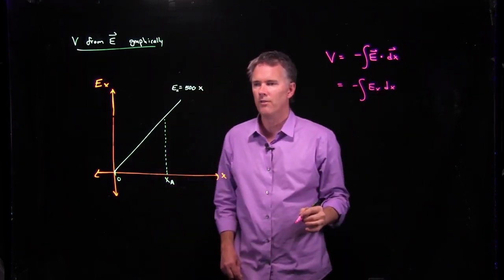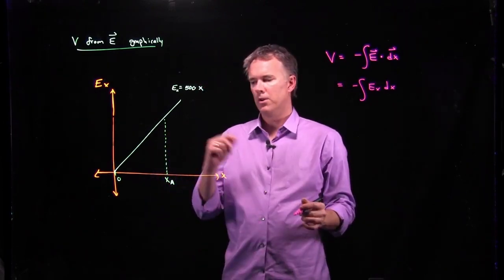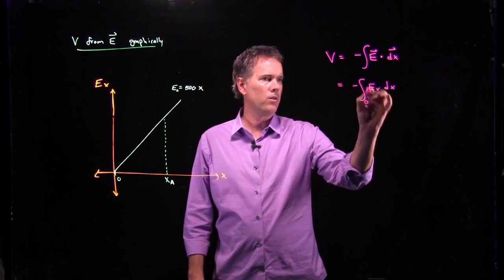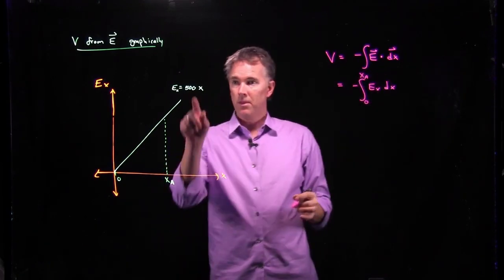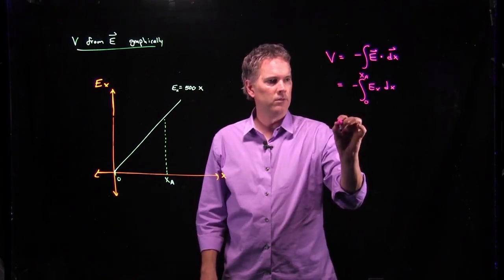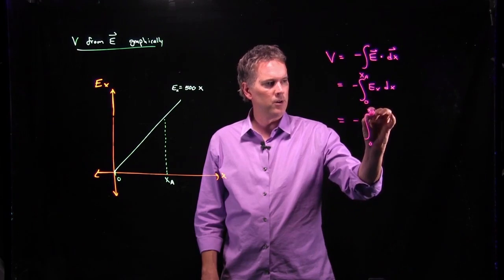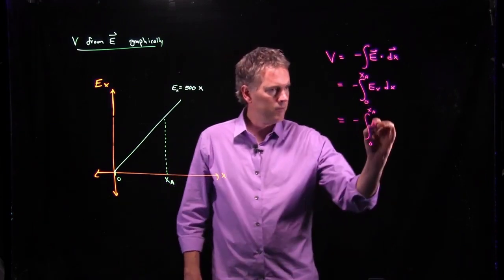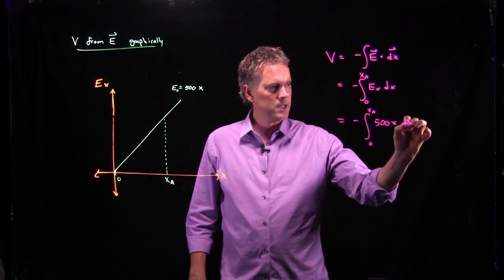Okay, integral of Ex dx, and we have to integrate between our two points, 0 and x sub a. Okay, but this is our electric field. So we have the integral 0 to xa of 500x dx.